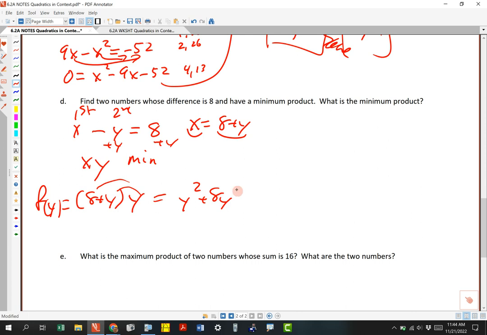This is still shaped like a parabola that opens up. These are the intercepts, the solutions, the roots. One is at negative 8, and the other one is at 0. So it crosses at 0 and crosses at negative 8, and it opens up.